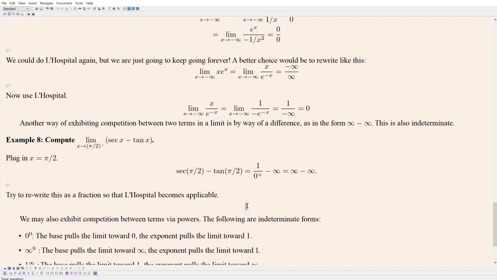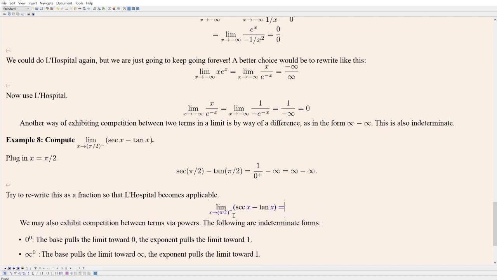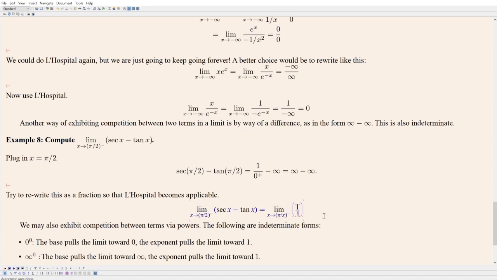Well, let's take advantage of our knowledge of trig identities. Secant is the same as 1 over cosine.